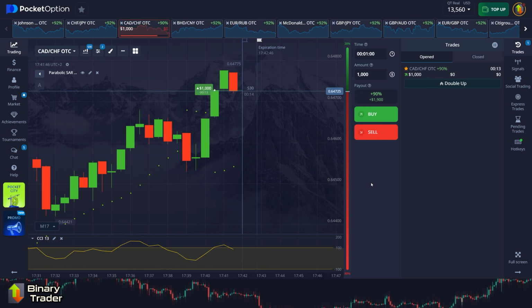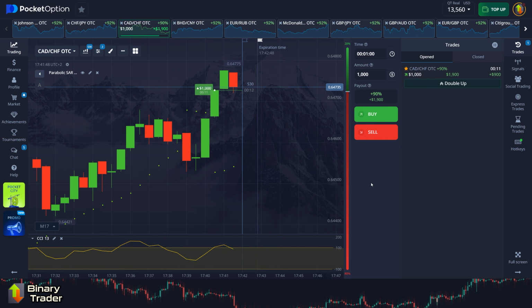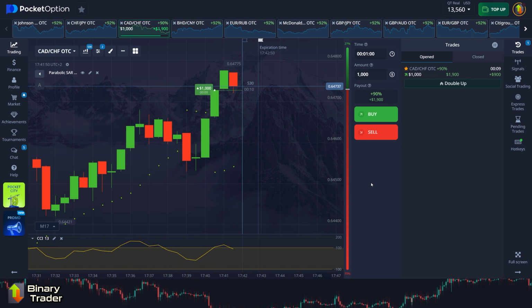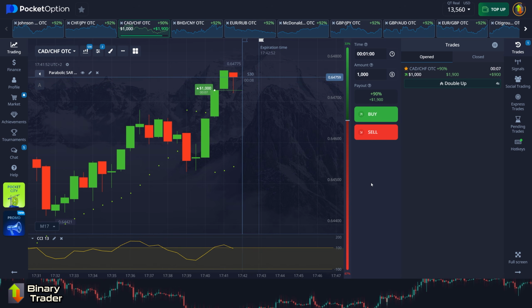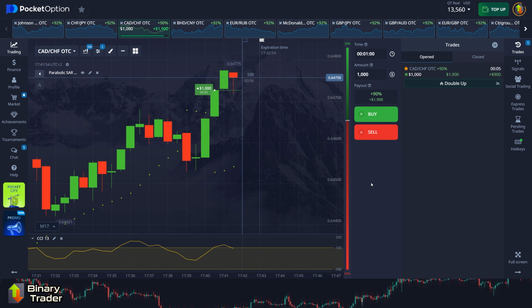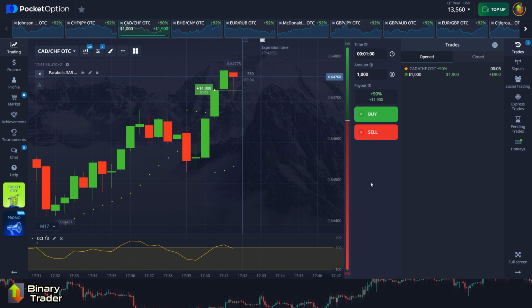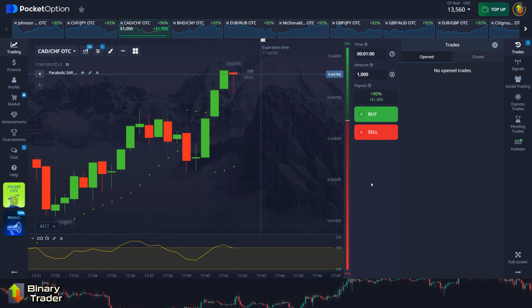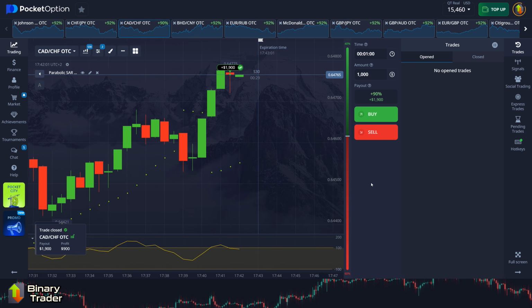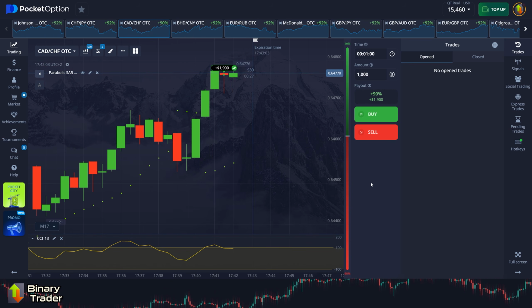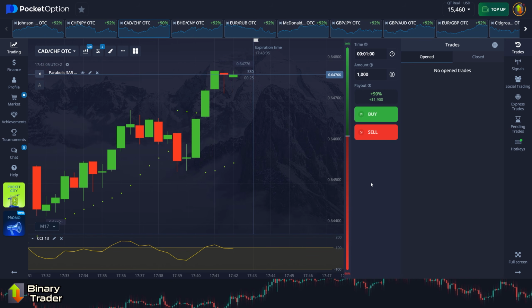An uncomfortable situation again. Move reversed. Let's see if it recovers or the whole trade is gone. That's the idea. Wait for simple conditions, then enter at the right moment.